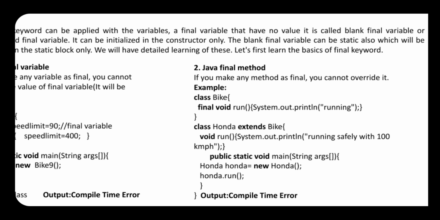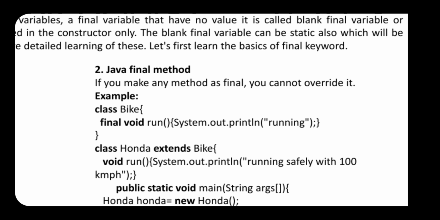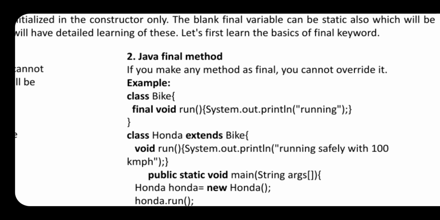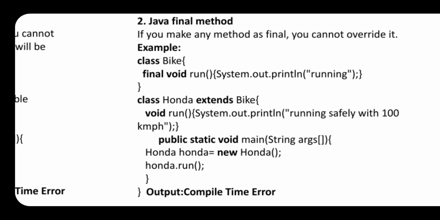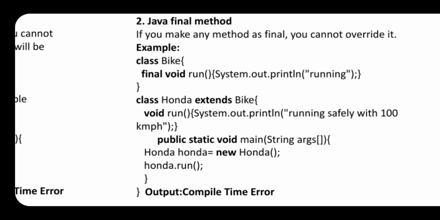So how it is going to be, we shall check with a simple example. Class Bike, within that you define final void run, System.out.println, then a bracket, running. So you have defined a method called run. The same way you are extending that Bike. Extending means you are accessing the properties of Bike within Honda.